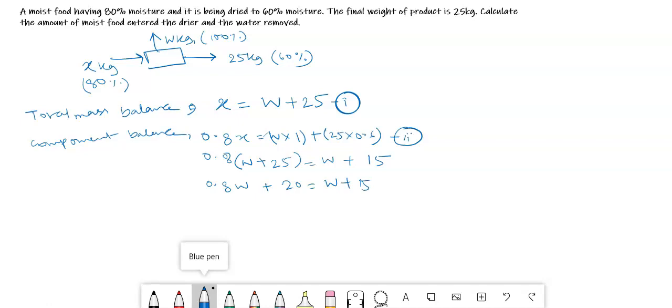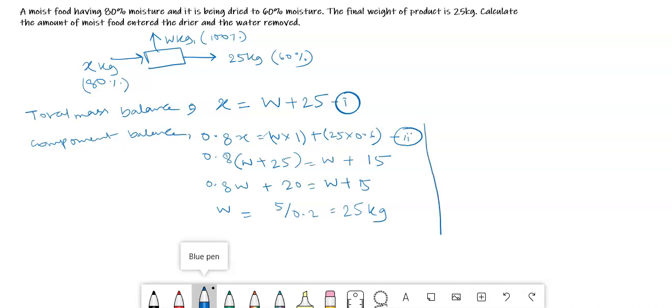So we can simplify it as W is equal to 5 by 0.2, which is equal to 25 kg. So, this is the amount of water removed.